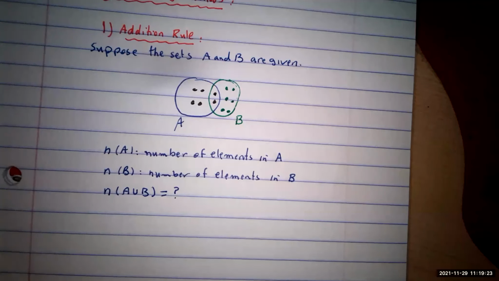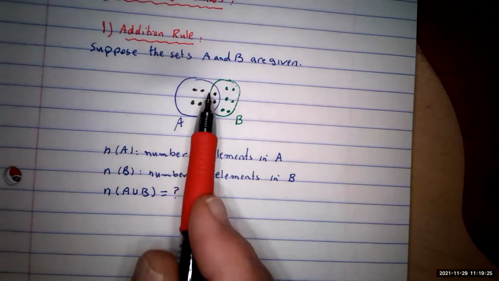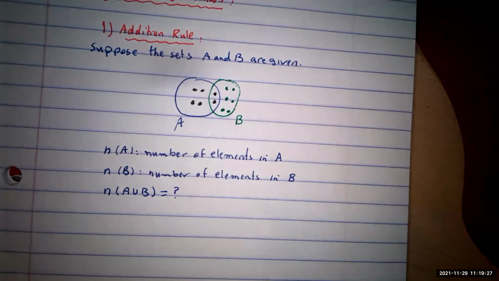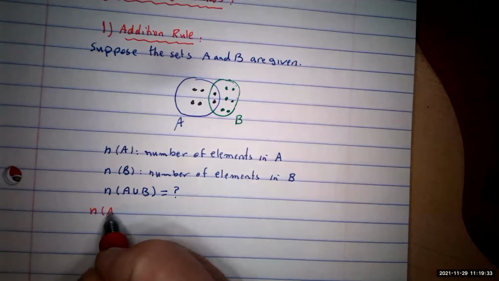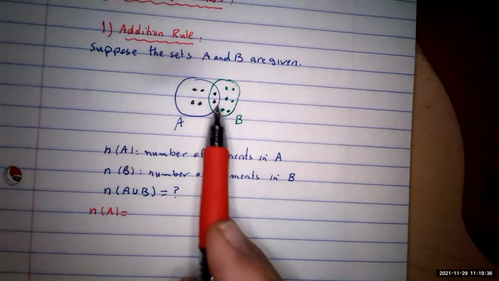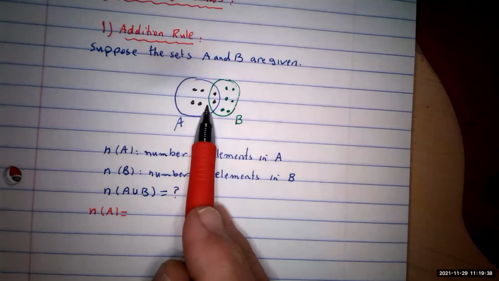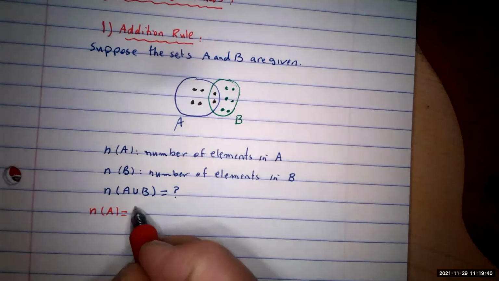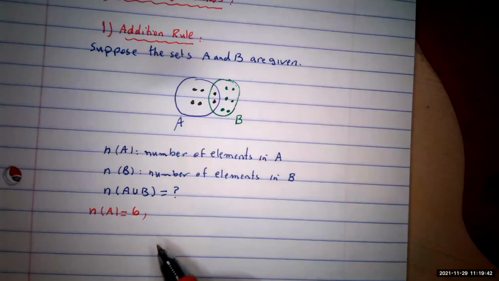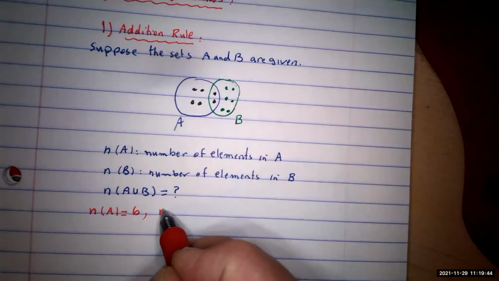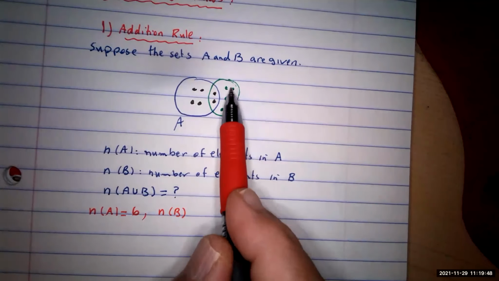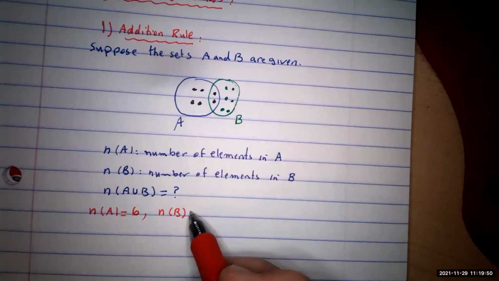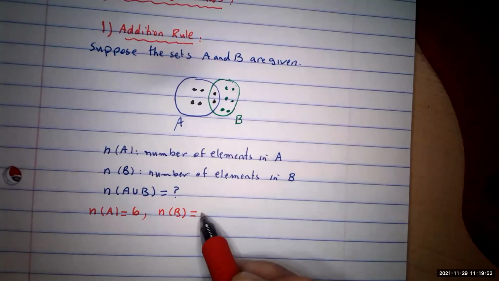If we want to do it naturally, we are going to count how many members are in those sets. If you take N of A, you see N of A would be 6 members. So that gives you 6. Then if you check N of B, it's going to be 6 and 2 would be 8 elements. That's going to be 8.